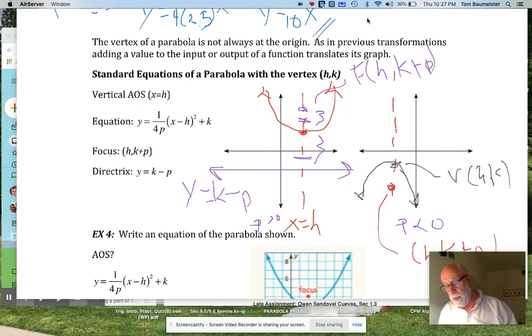In this case, our p would be negative. But again, we're going to have a directrix up here somewhere. That is going to be the same distance. Again, it's not looking the same distance, but you can see that it's there. All right. And our directrix is still going to be y is equal to k minus p.